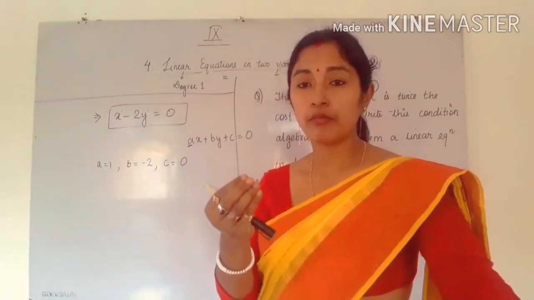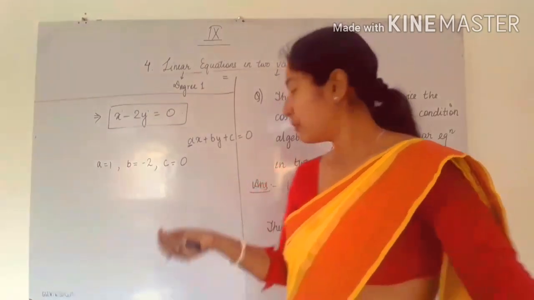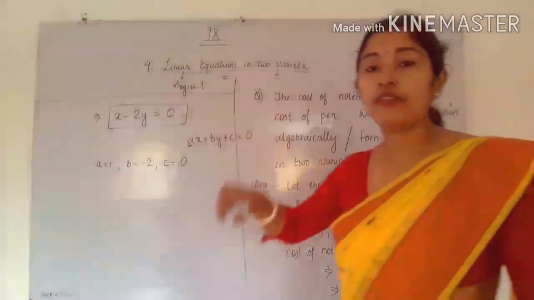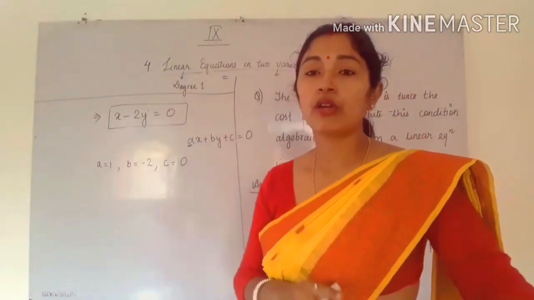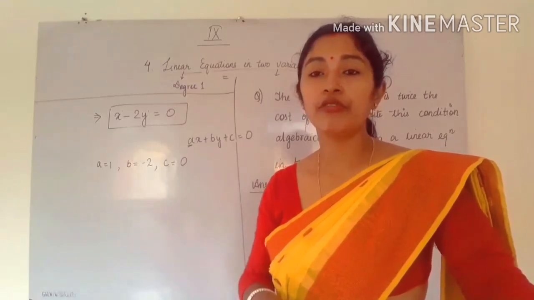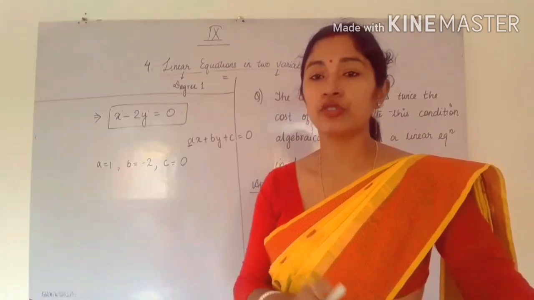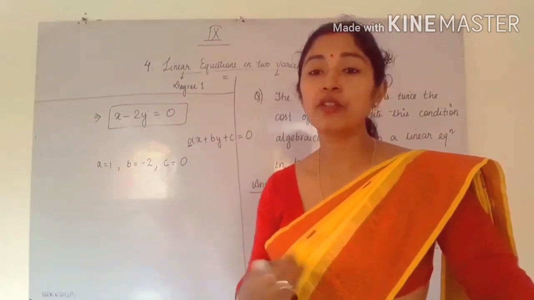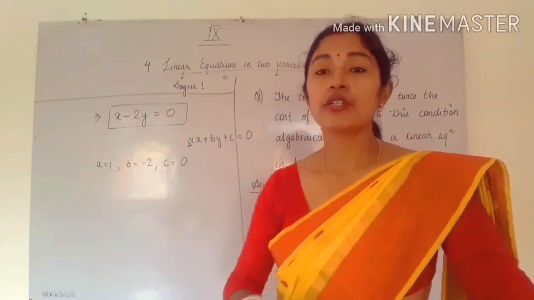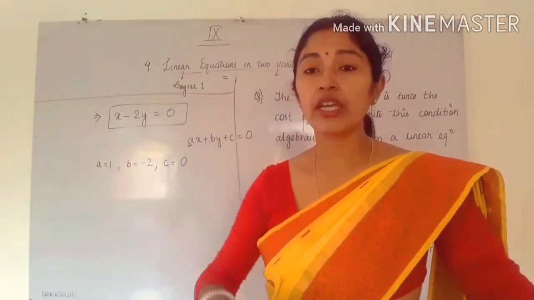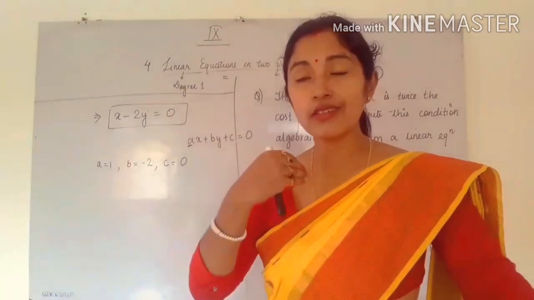Suppose in place of y, the cost of pen, I put rupees 10, then I will get 20 for the cost of the notebook. Similarly, if I take 50, then I will get 100 for the cost of notebook. So x and y can take any values. That means a linear equation in two variables has many solutions.